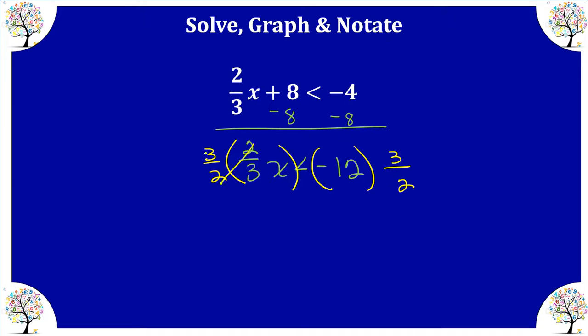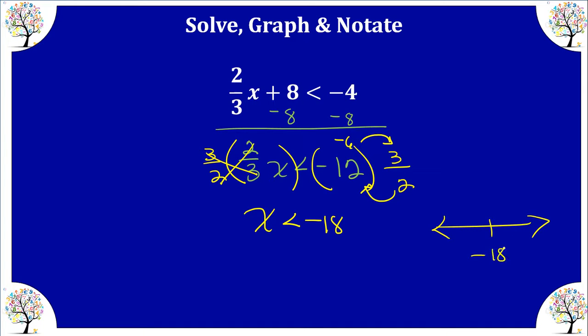The 2's cancel, the 3's cancel, leaving me with a 1x. 2 divides into negative 12, negative 6, and then times 3 is negative 18. Let's graph this. X is less than, it does not include negative 18, but everything to the left going toward negative infinity.